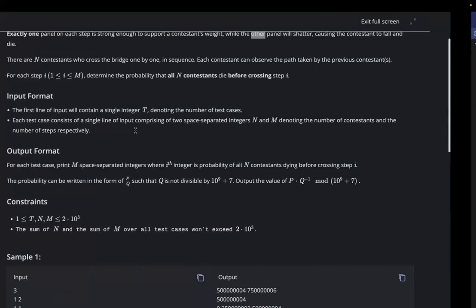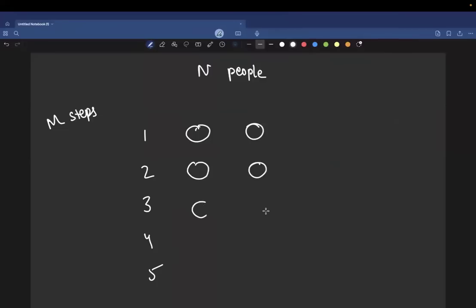You can think of it like there are N people, there are M steps: step 1, step 2, step 3, step 4, step 5, and so on. For each step, you are having two choices. Either step here or step here.